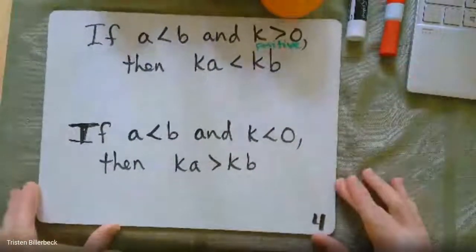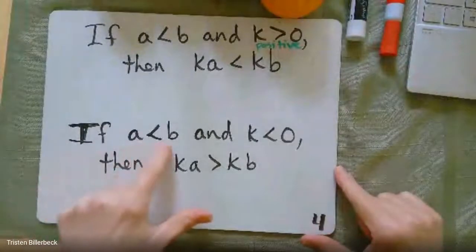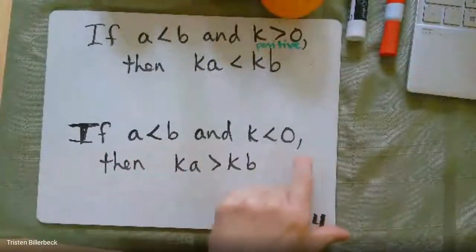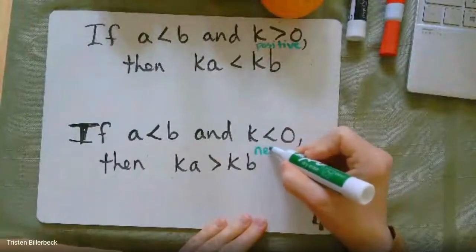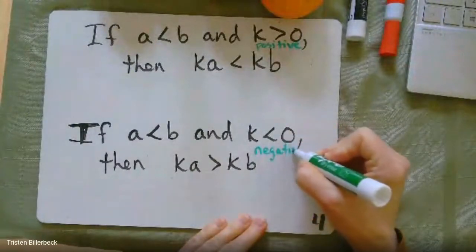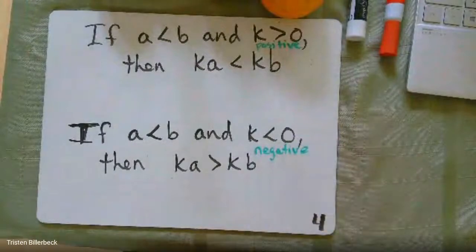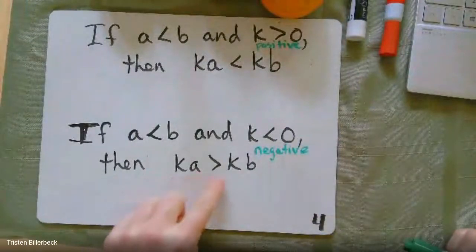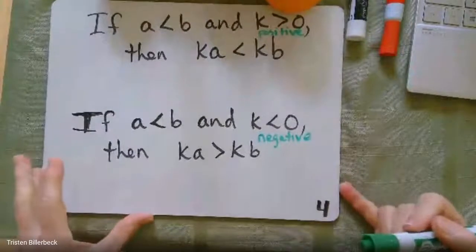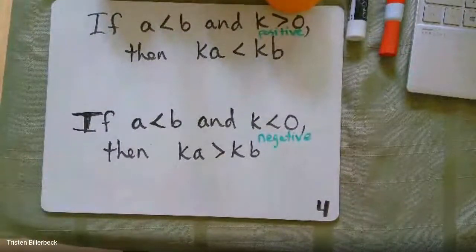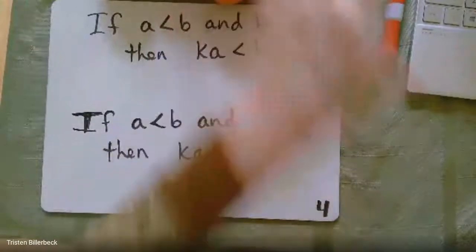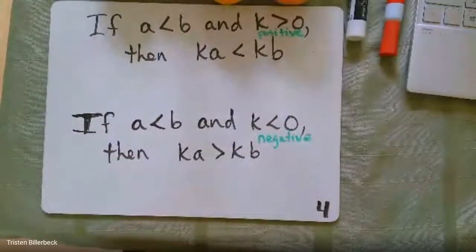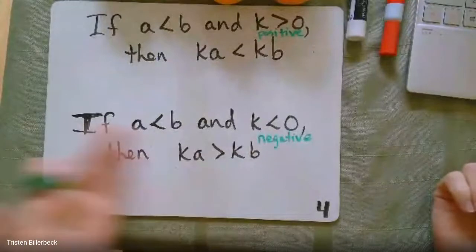All right. If A is less than B and K is less than 0, that means negative, then KA is greater than KB. Now I couldn't figure out a nice handy aid like an orange or a block for this one. So let's use actual numbers.